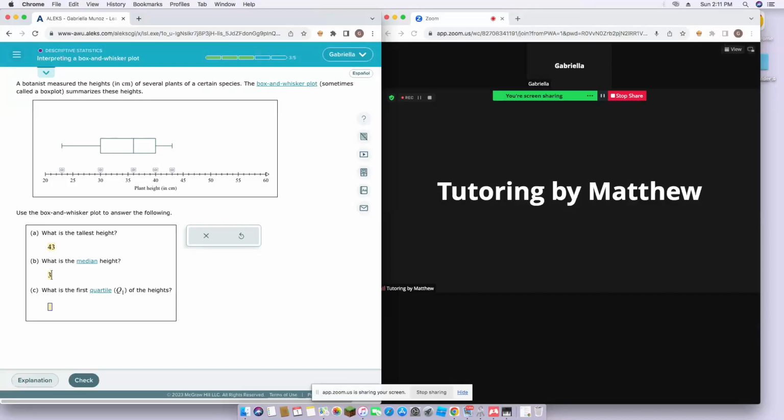I am not able to see your screen. Looks like you stopped sharing there. If you want to go ahead and share screen one more time. For Q1, would that be left or right? I'm still not seeing your screen. After you hit the share screen button, you have to select the application. Looks like it timed out there.